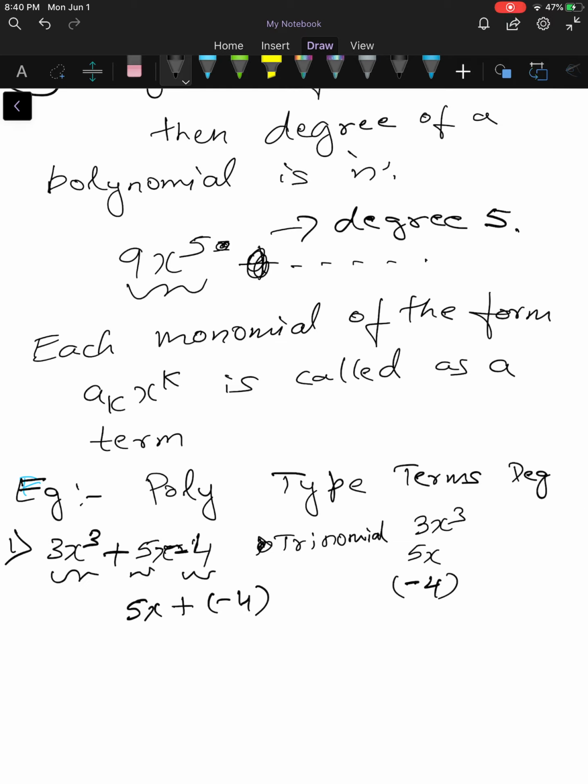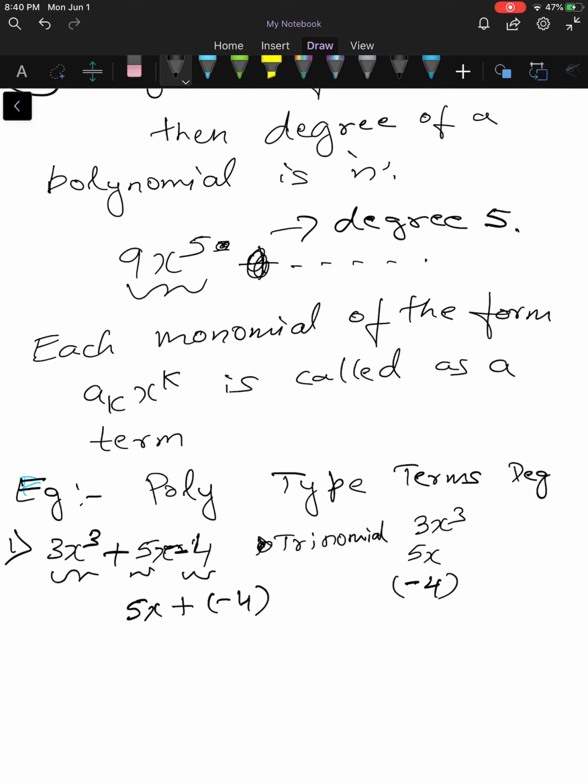So what about constant polynomials? Constant polynomials are just real numbers, where this is also a polynomial with variable x, or any letter that you take, raised to the power of 0. So all constant polynomials are of degree 0, and the term is just the number itself, and this is definitely a monomial.